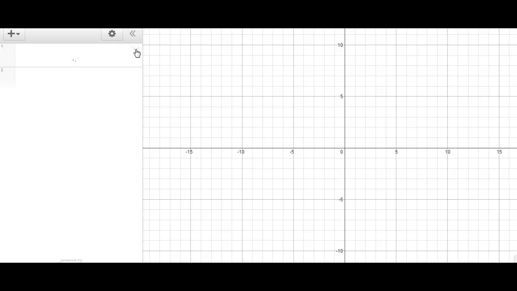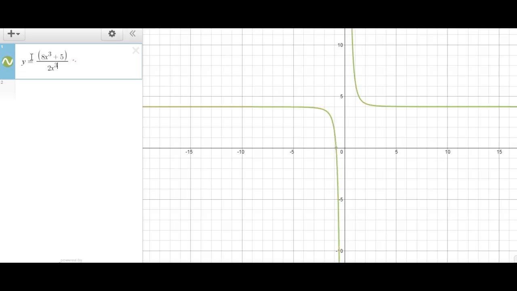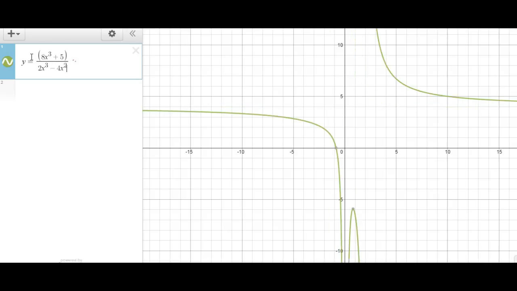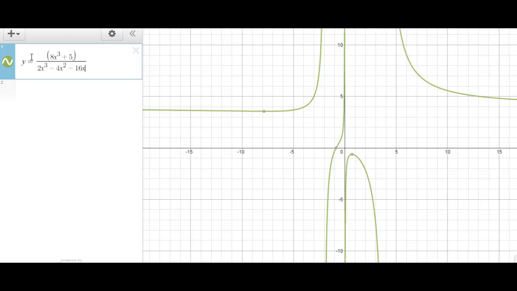Y equals 8x cubed plus 5, divided by 2x cubed minus 4x squared minus 16x.